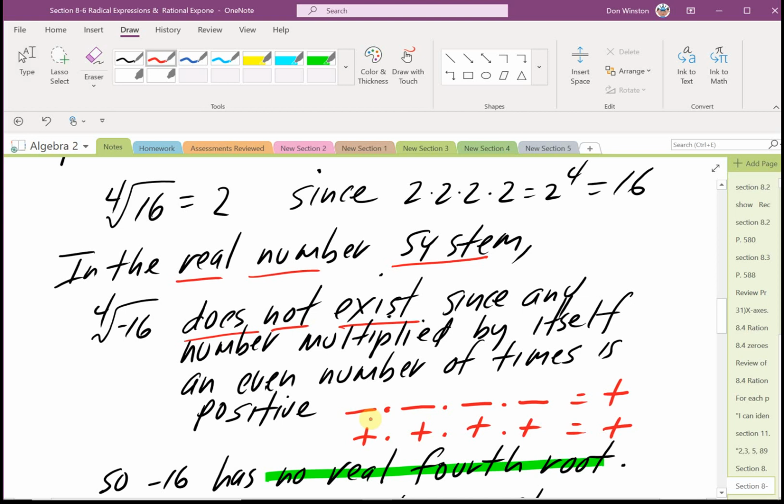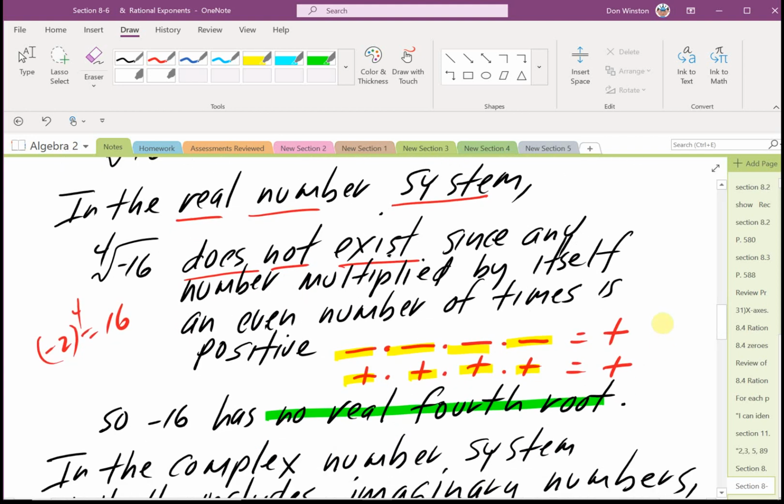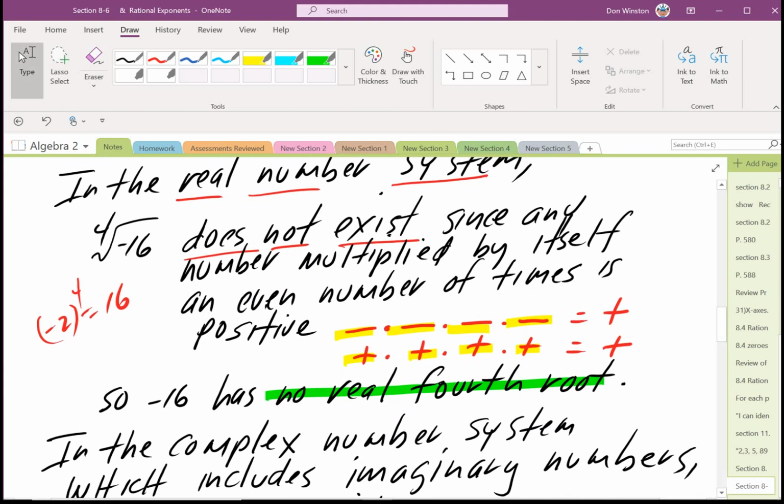If you chose negative 2, and multiplied it by itself 4 times, you'll get 16. Why? Because a negative times a negative times a negative times a negative is a positive. Likewise, a positive times a positive times a positive times a positive is a positive. So in the real number system, you can't take the even root of a negative number. It just doesn't exist. So negative 16 has no real fourth root.